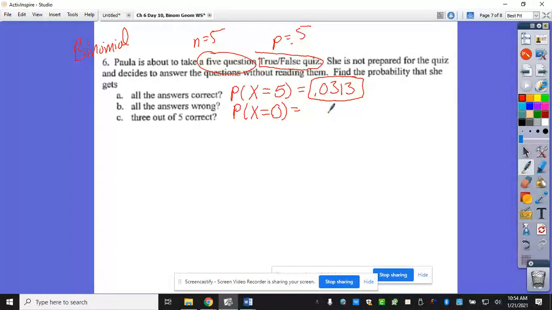So you either get all of this or all of the other. What's your answer going to be? But that only works because it's 50-50. And then the last one is x equals 3. And you get 0.3125.